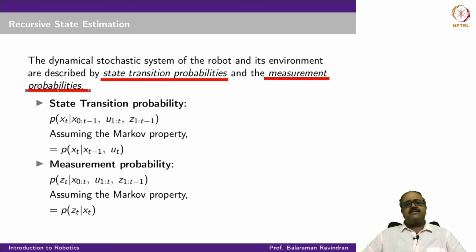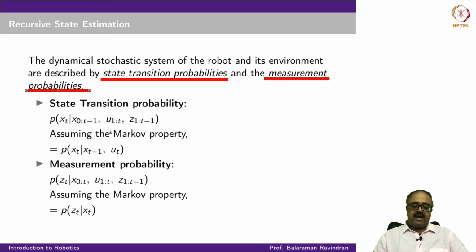So what do the state transition probabilities tell us? The state transition probabilities tell you, given that I have gone through x0 to xT-1 already, this is all the states that I have already visited, 0 to T-1.